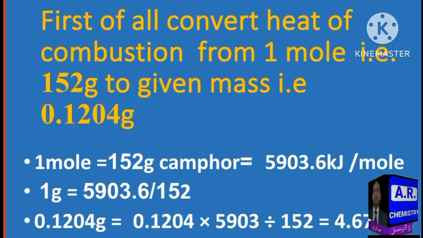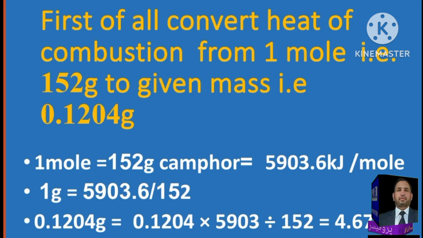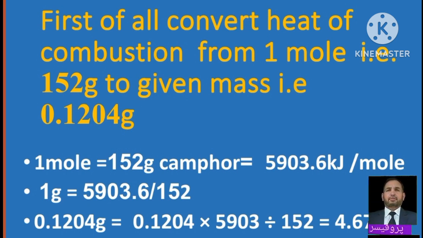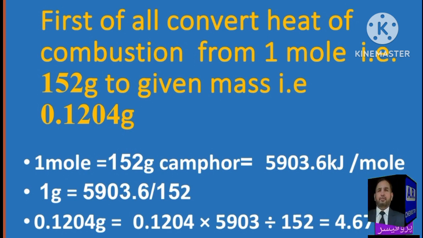So 1 mole of camphor, which is equivalent to 152 grams of camphor, will produce heat on combustion 5903.6 kilojoules, and 1 gram of camphor will produce 5903.6 divided by 152, and the given mass is 0.1204 grams.